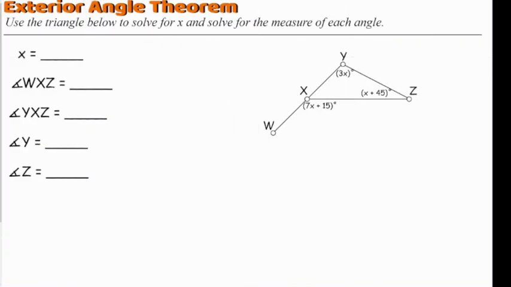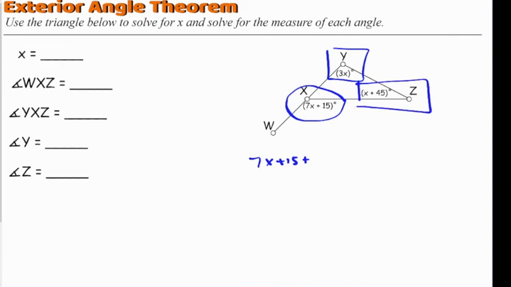So now we can solve a problem like this, because we know the exterior angle theorem says that we can take this exterior angle, 7x plus 15, and set it equal to the sum of the two non-adjacent angles in the interior of the triangle. So we have 3x plus 45. That's the sum of the two non-adjacent angles.